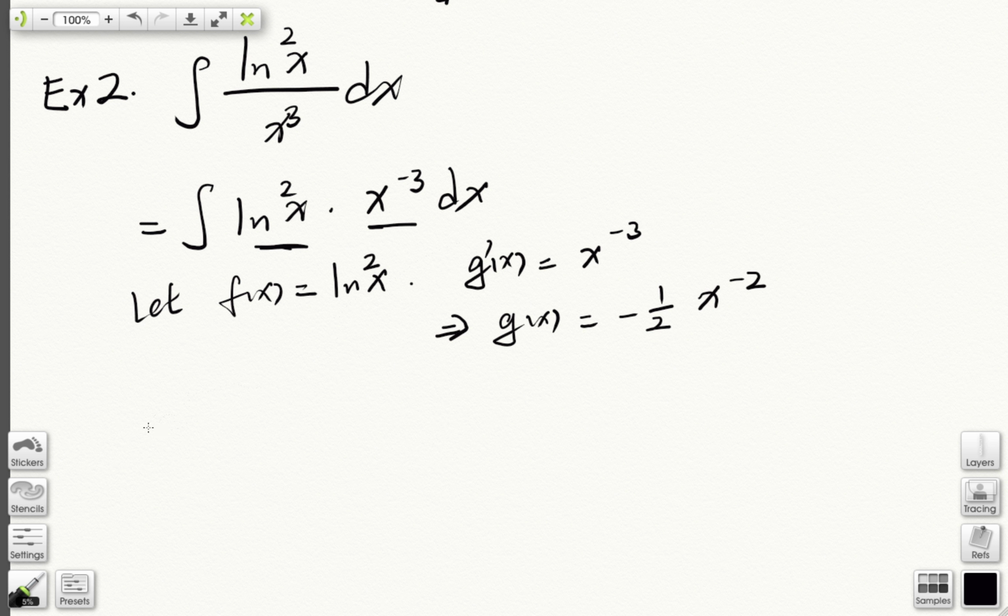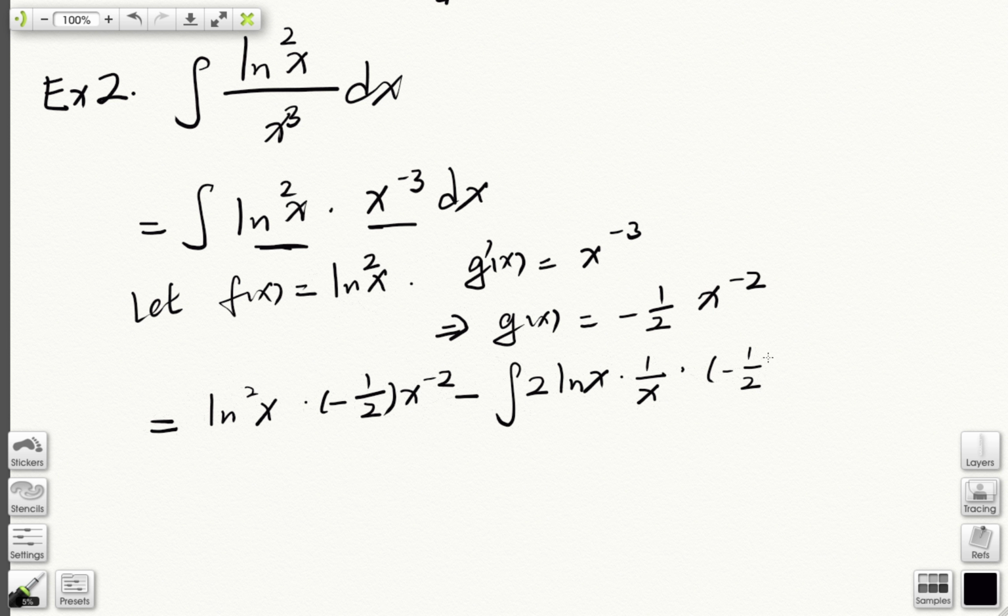Okay, so in this case, by using integration by parts, we have f of x times g of x, which is going to be ln of x squared times minus 1/2 x to the power of -2, minus the integral of f prime of x times g of x. So f prime of x is going to be, by using the chain rule, 2 times ln of x times 1 over x, times g of x, which is minus 1/2 x to the power of -2 dx.